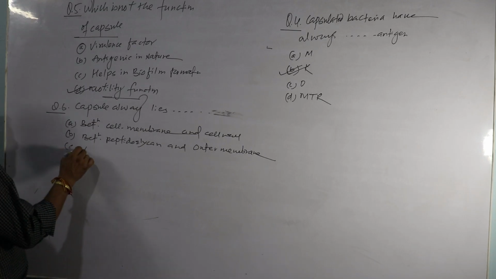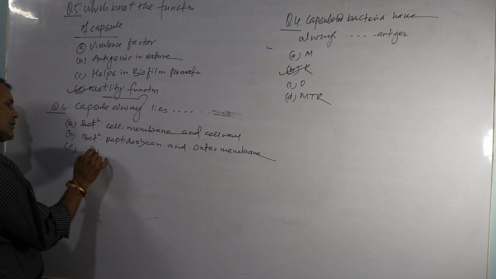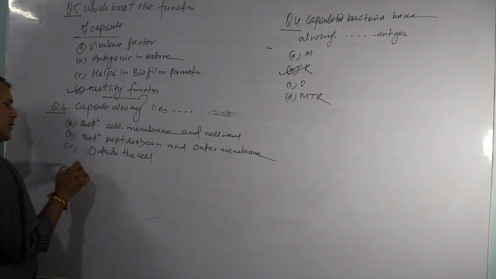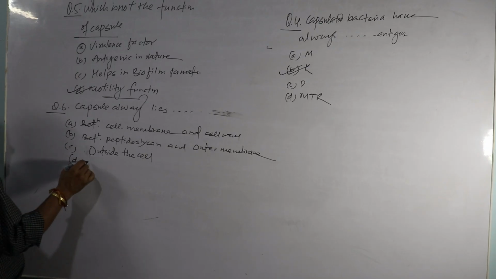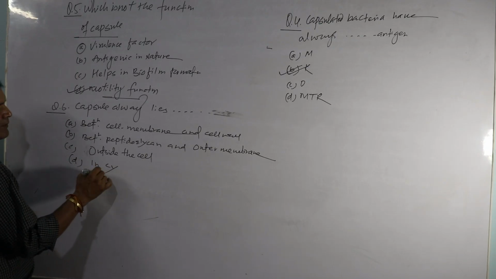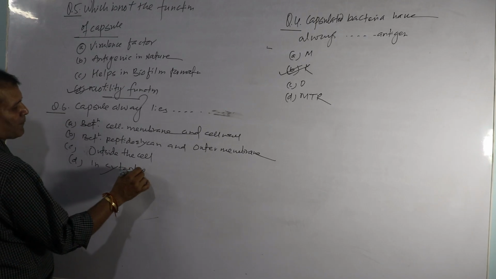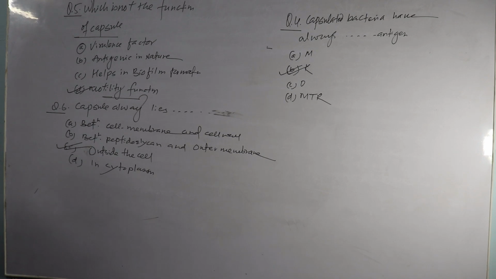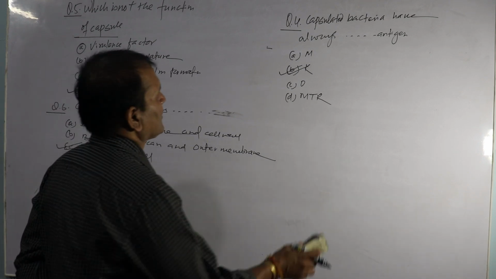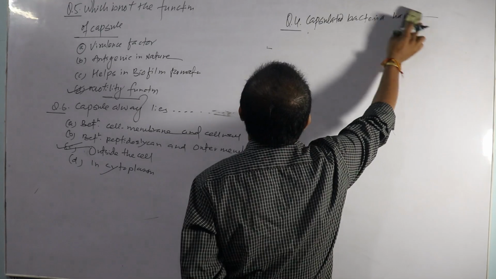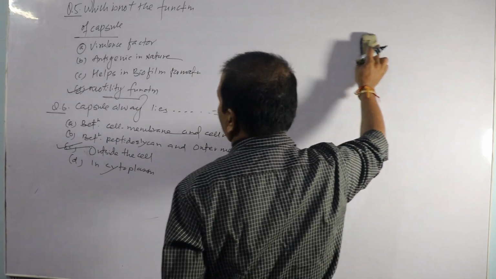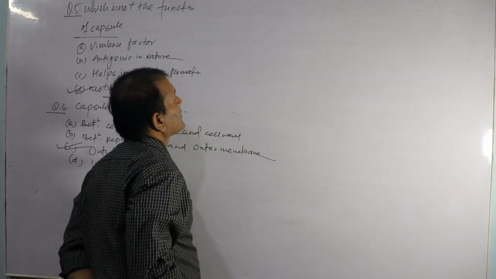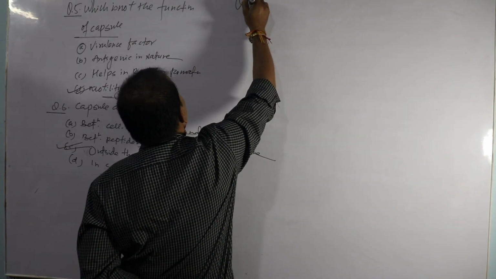C, lies outside the cell. D, in cytoplasm. So we always take lies outside the cell. So these are the MCQs that are related to capsule.